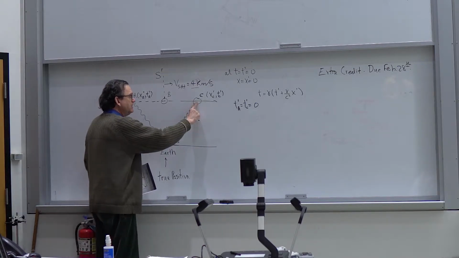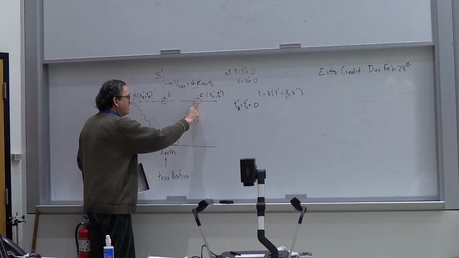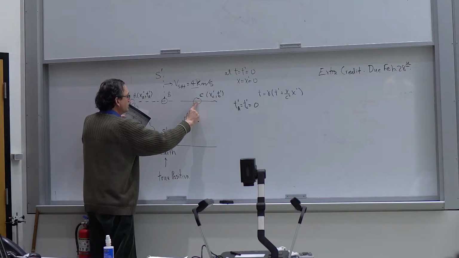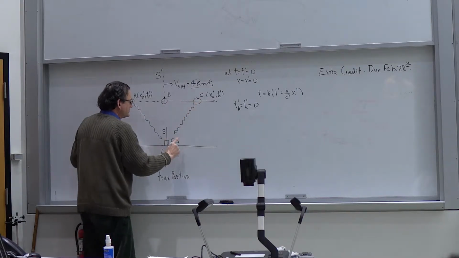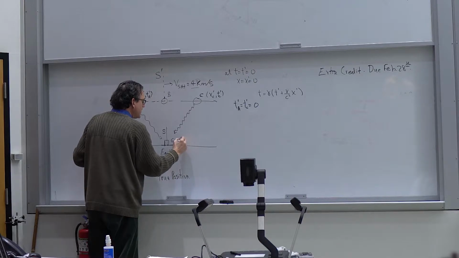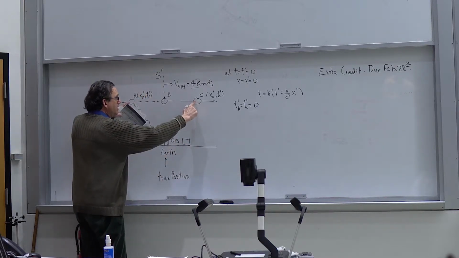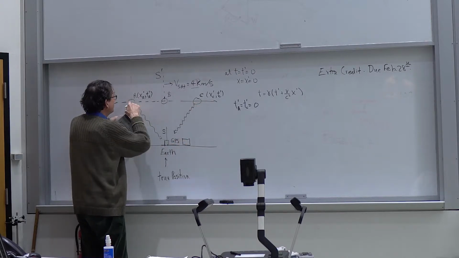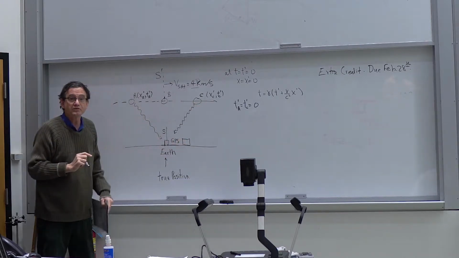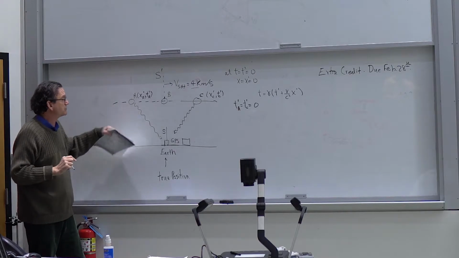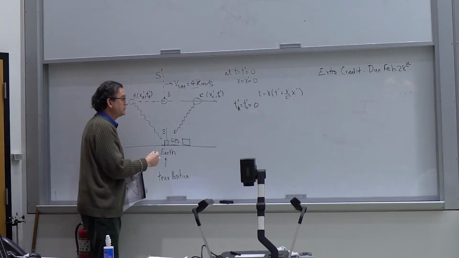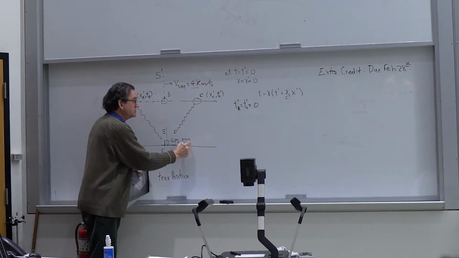Let me rephrase. If the GPS was actually located over here, and the signals are emitted simultaneously, then this signal will be received before this one, because this one travels a longer distance. So the GPS will say, oh, this is where I'm located.